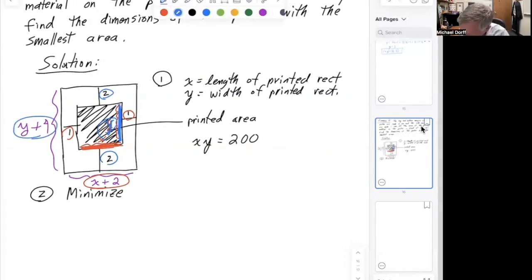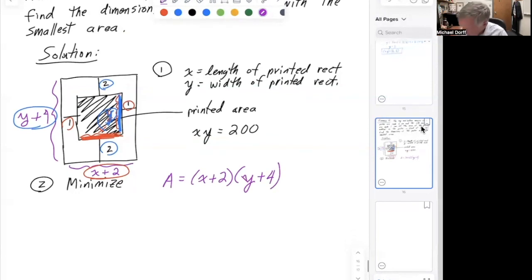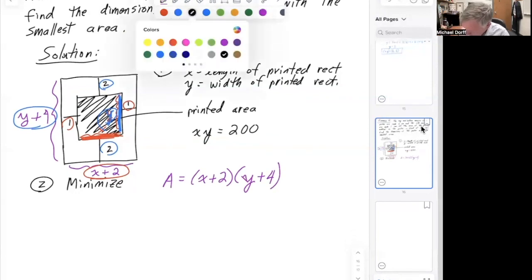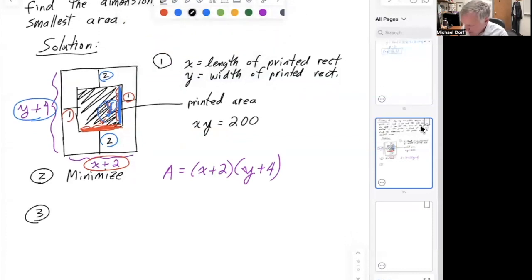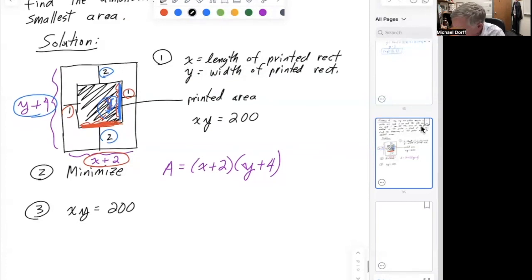So we want to minimize this area, which we're going to call A, and that's going to be minimize (X plus 2) times (Y plus 4), right? That's what we're trying to minimize. Okay, so now I need to get my function A in terms of one variable. Well, we're going to use the fact that X times Y is 200. We're going to solve for one of my variables.